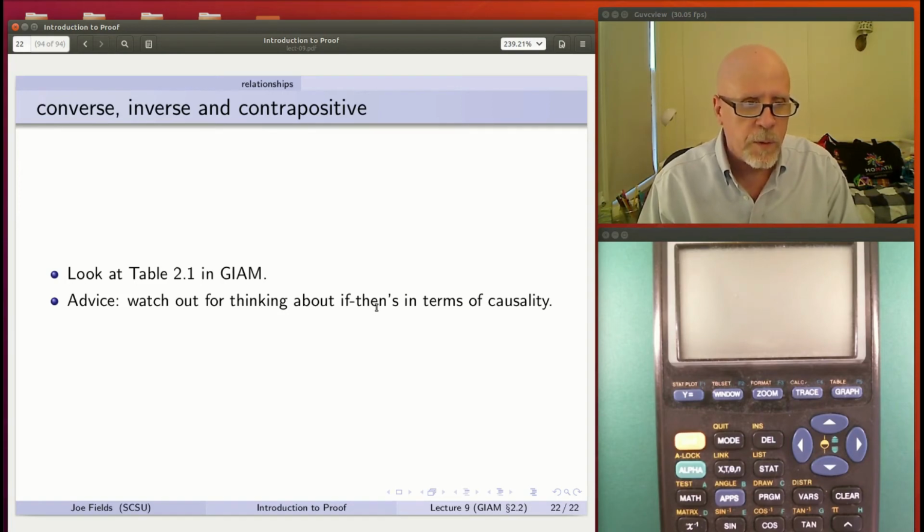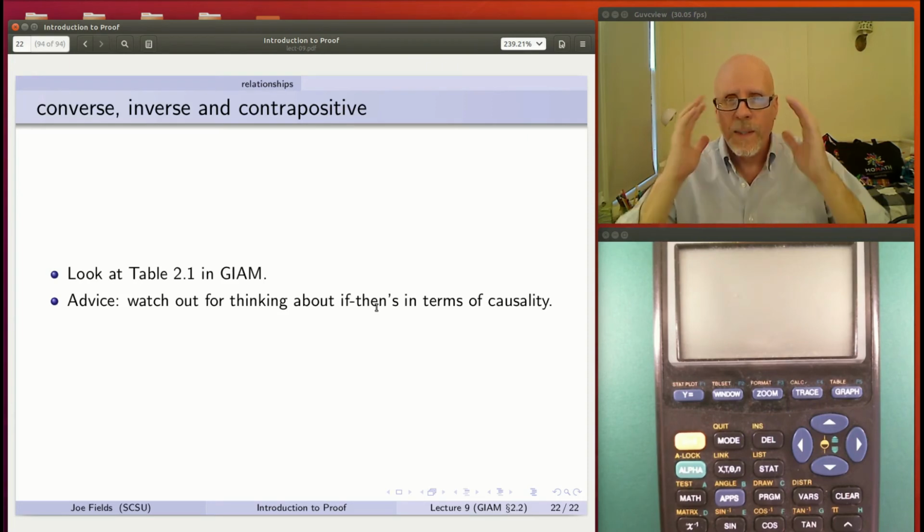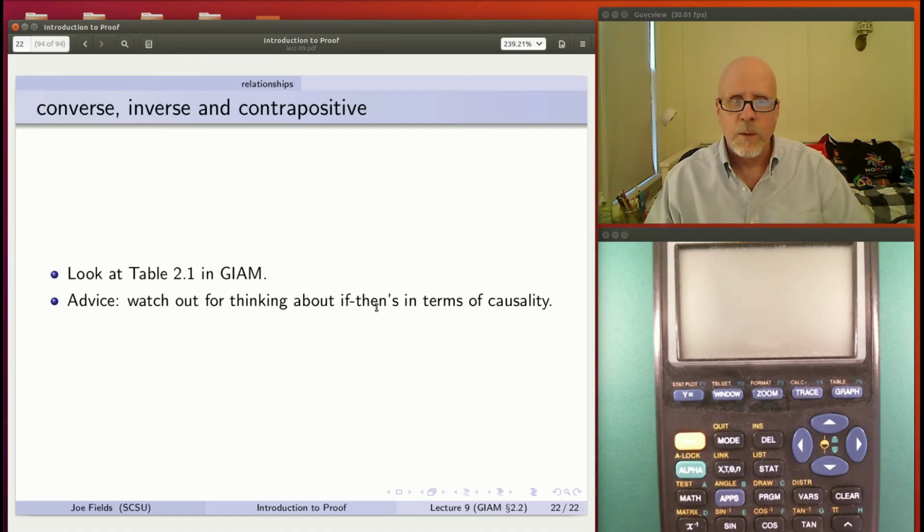A lot of things that we deal with in math don't have that sort of flow of time business. They're just independent statements about numbers or whatever. They have no time dependency at all. So don't necessarily zone in on the idea of causality. It can just be that this one's true whenever that one's true, and false whenever that one's false. Great, now they're biconditionally connected, and I don't need to think about causation.